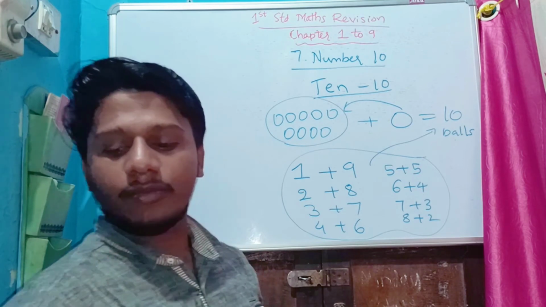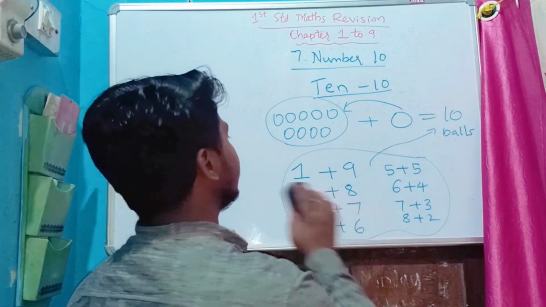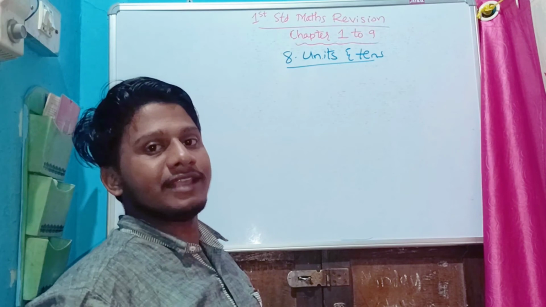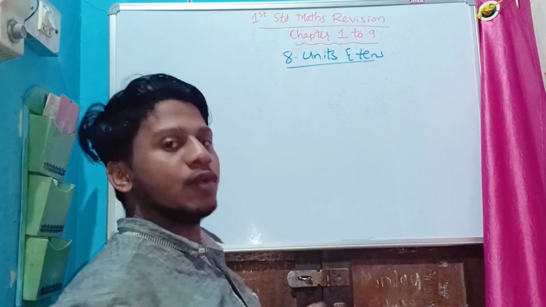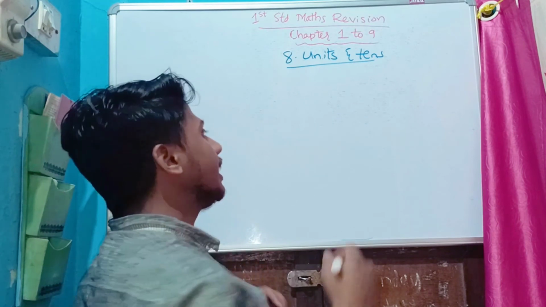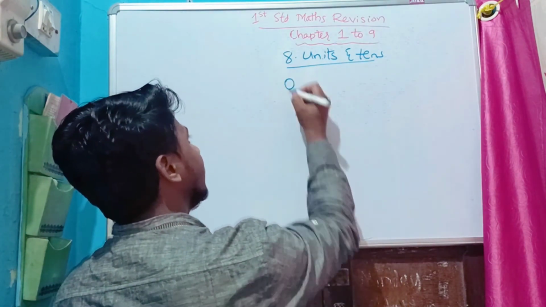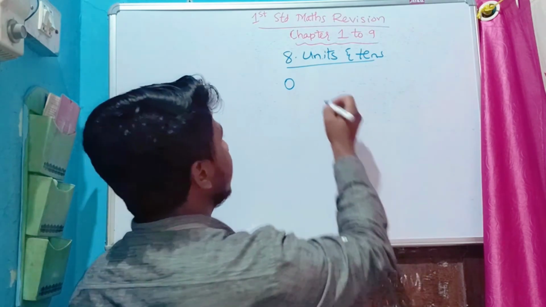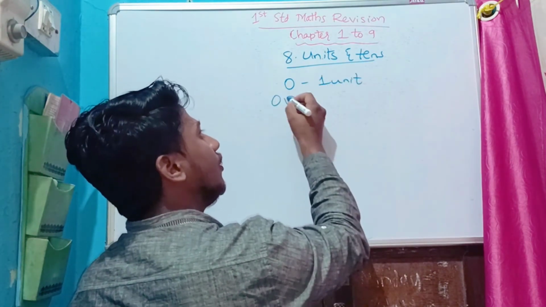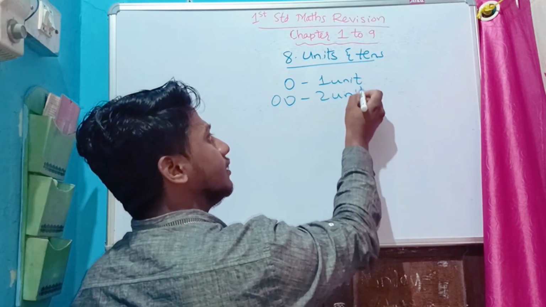Okay, moving on to the next chapter, that is units and tens. Here each object is treated as a 1 unit. Okay, so here if I say 1 ball means it is 1 unit. Yes, 2 balls, 2 units.